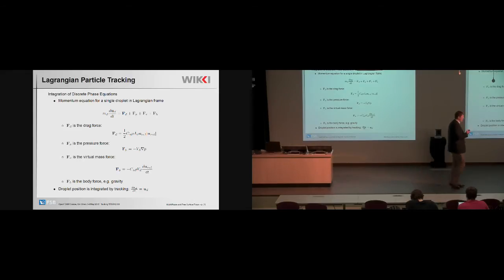So the idea of Lagrangian particle tracking is that now we are going to have a single continuum phase, for example air, and into that single continuum phase we are going to inject individual particles which will be solved in a Lagrangian manner, meaning that I solve force equals mass times acceleration, and on the right hand side I can collect as many forces as I like.